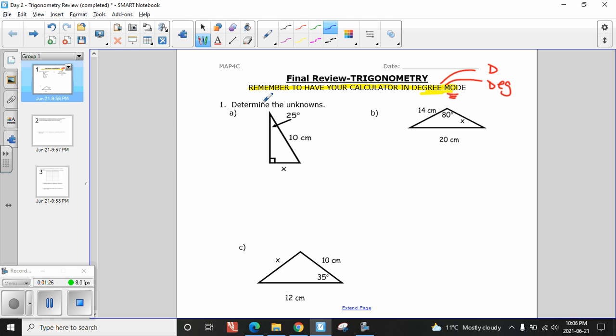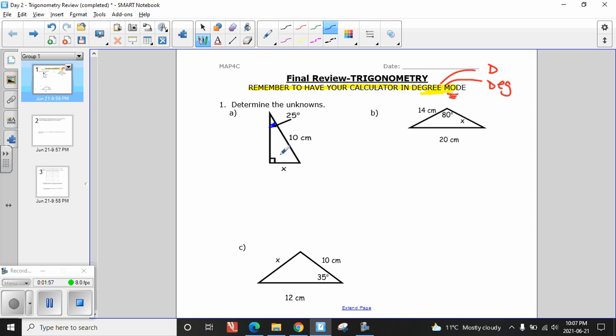Okay, so question one, determine the unknowns. In each of these pictures, there's an X marked somewhere that we're going to solve for. The first one here is a right triangle. Since it's a right triangle, we can use our right triangle tools, which include Pythagorean theorem, and we can also use SOHCAHTOA. SOHCAHTOA is the one that uses angles, and I do see an angle given here, marked up at the top.